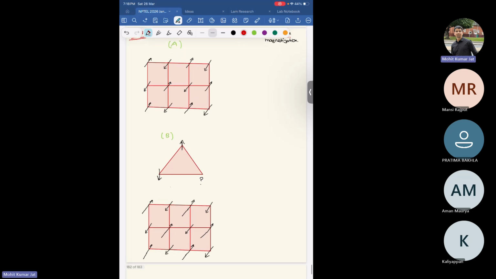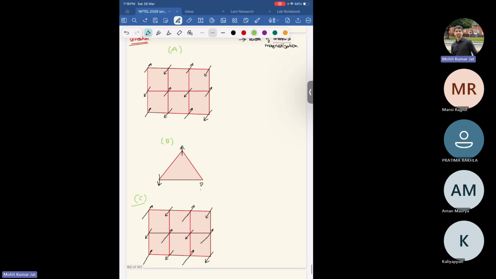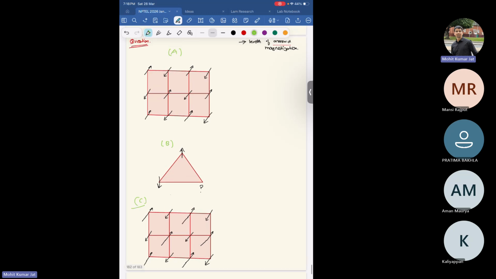If I ask you about A, is it a ferromagnet, antiferromagnet, frustrated antiferromagnet? What is this A? Can anybody answer? Yeah, correct. Mansi responded, and it's the correct answer. It's an antiferromagnet, and the reason is very obvious.